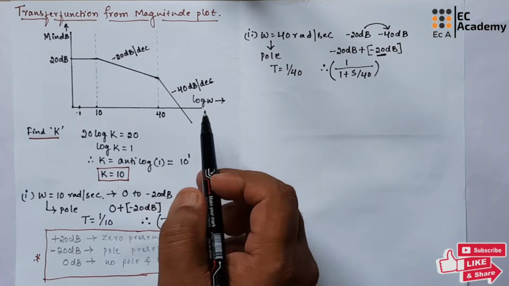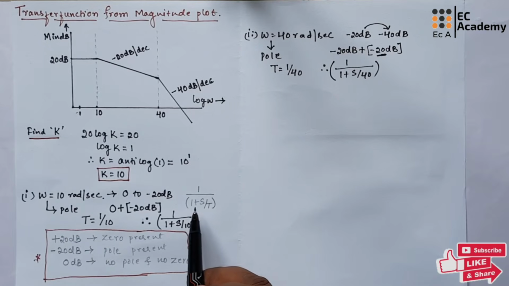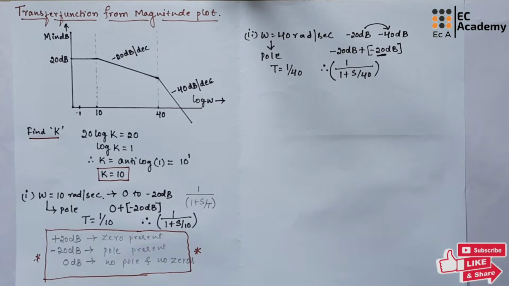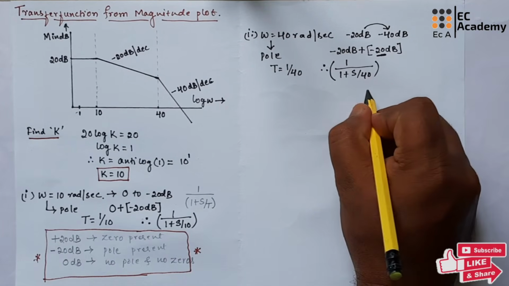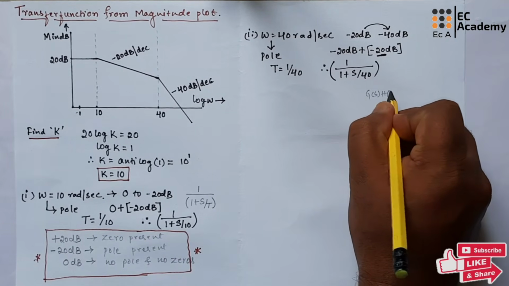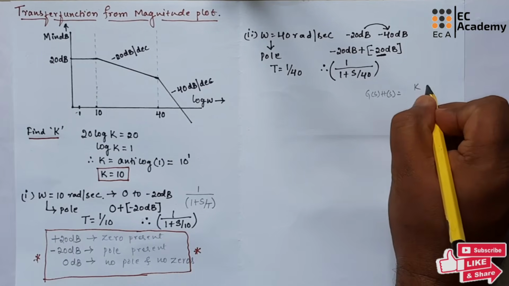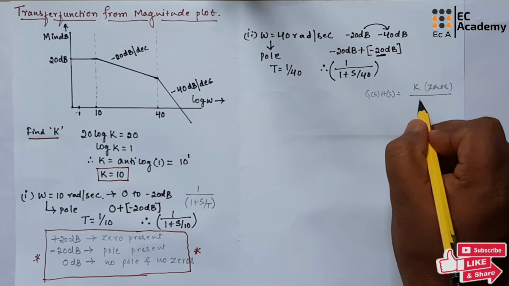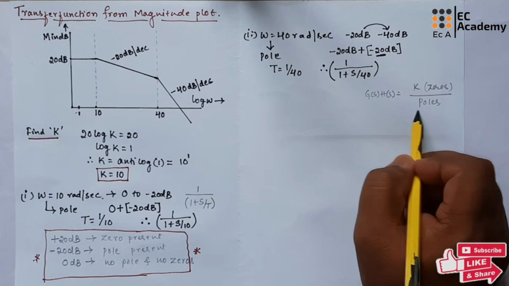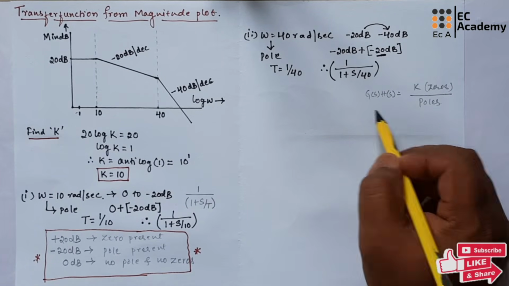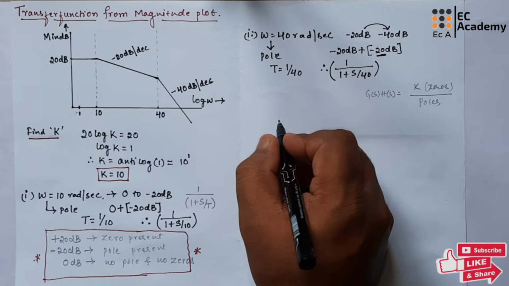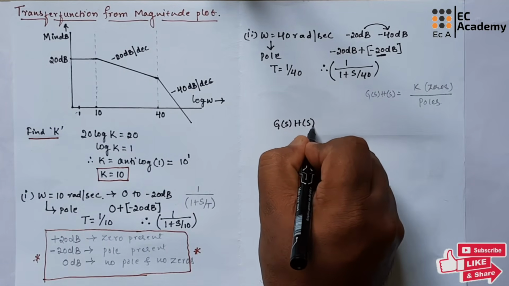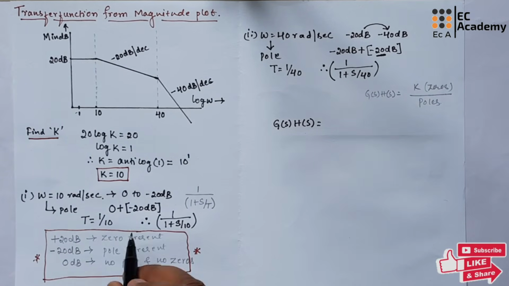From this Bode plot, we didn't find any zeros. We found only poles. So while writing the standard expression, we know we can write g of s into h of s is equal to k into the zeros divided by the poles. Let us represent the obtained values in this form. So g of s into h of s is equal to k, whose value is 10.